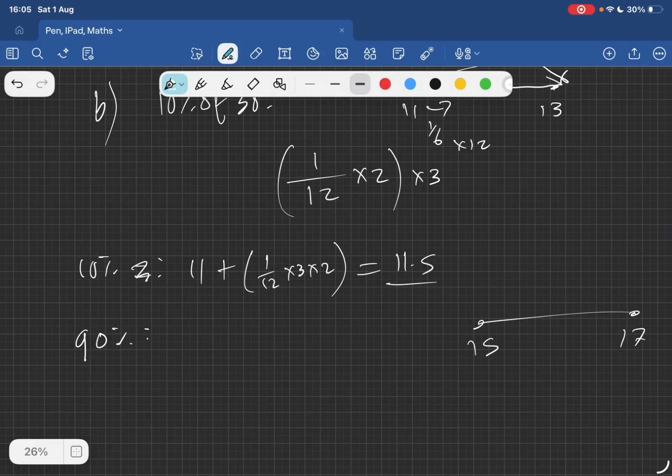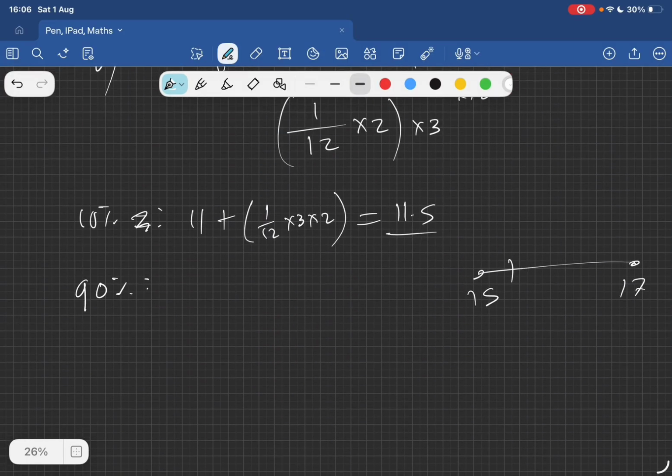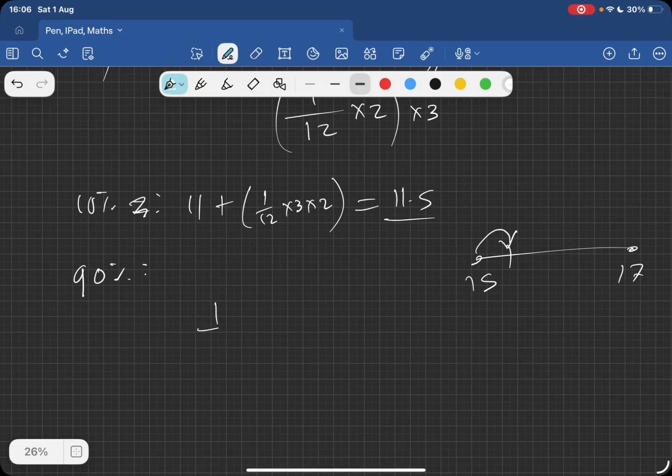We want the first one, because that will give us our 27th point. But what is the first jump? Well, the first jump is going to be a quarter times 2, because we're only jumping 4 times as there's only 4 data points here. So each jump is going to be a half. That kind of makes sense there.